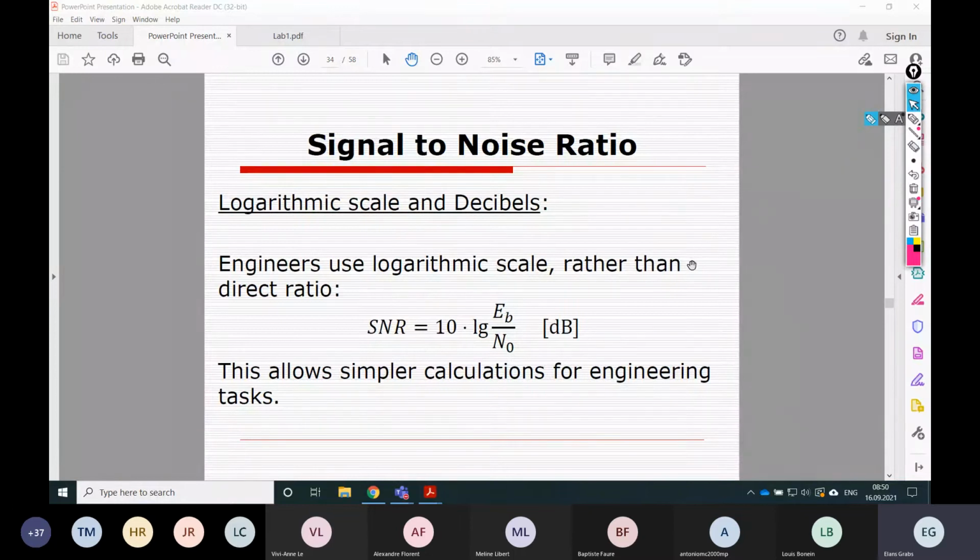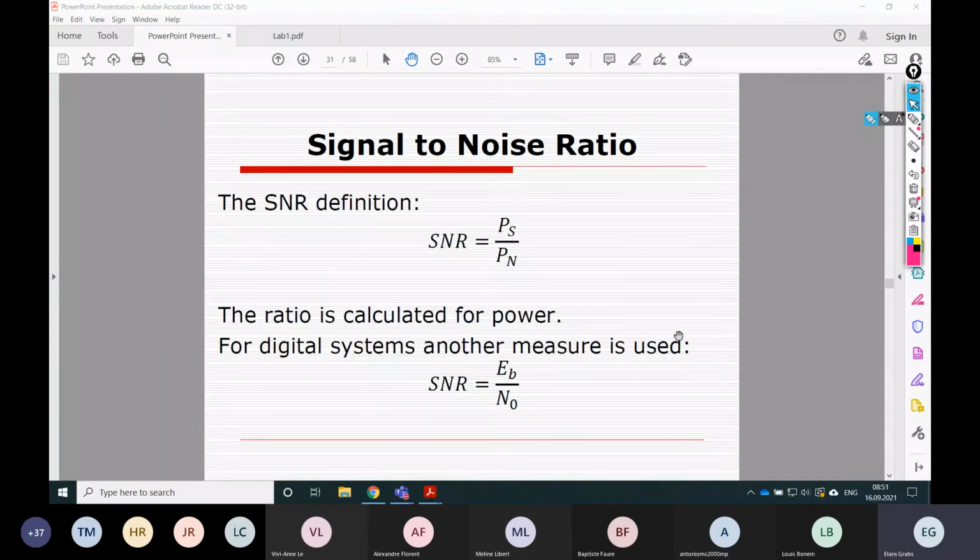So usually we use a logarithmic scale. So here this formula is like this. For example, you can calculate this power like 10 to the power of minus 2 watts. This can be calculated like 10 to the power of minus 8 watts.